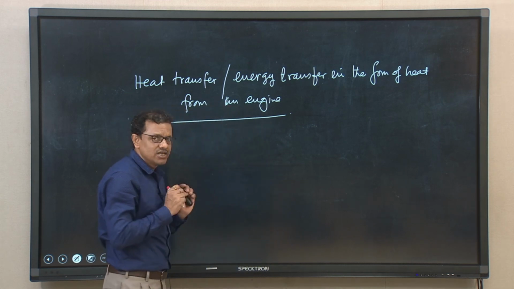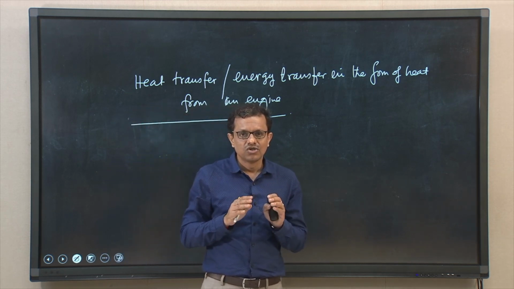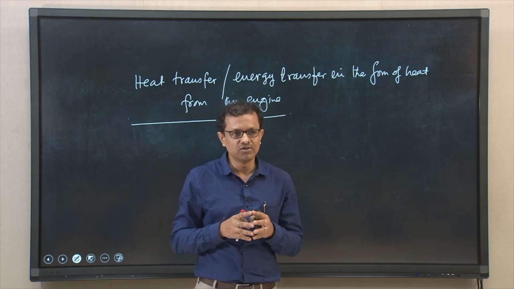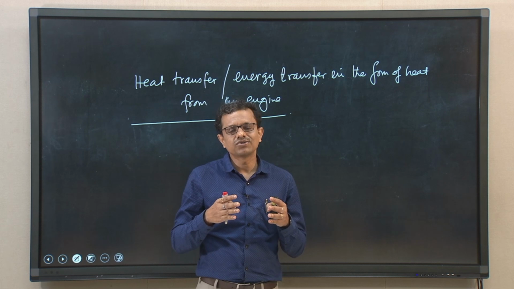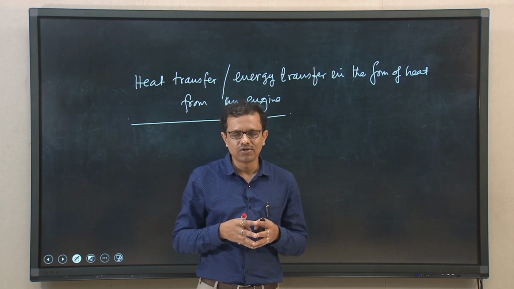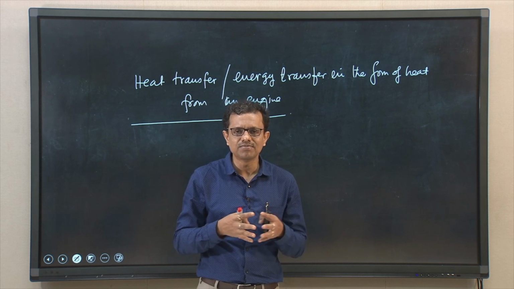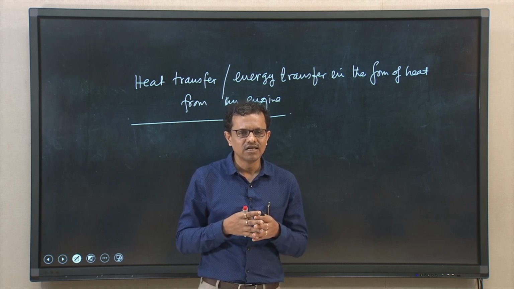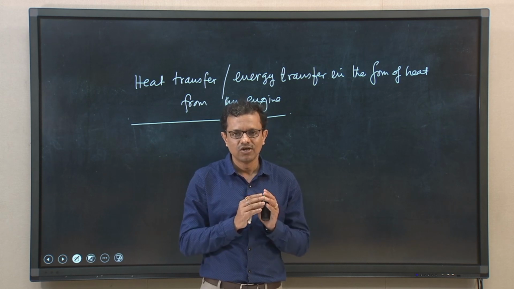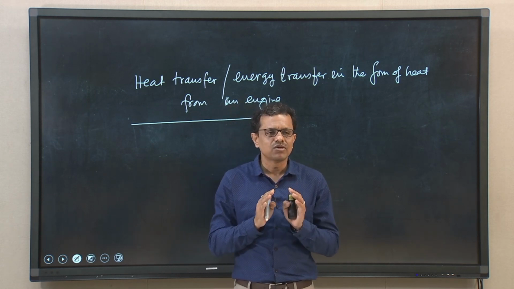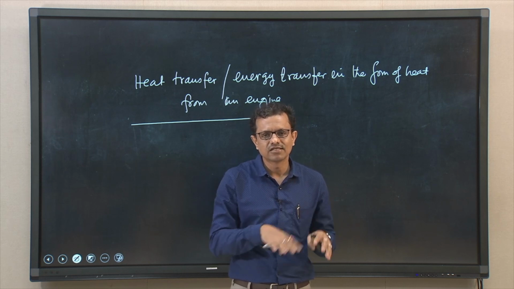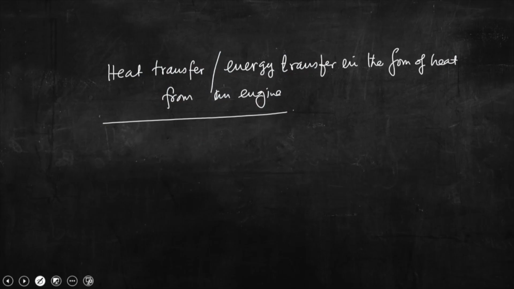Now, as I told you, though the spark plug, exhaust valve or exhaust port and also the piston face, and to some extent the intake manifold, are the places having maximum temperature or the heated surfaces, it is not so easy to remove heat through those surfaces. So, even then we need to know what are the surfaces through which energy transfer or heat transfer takes place.